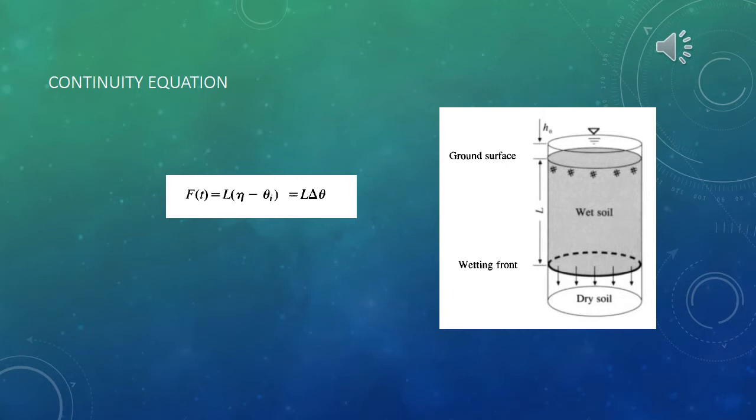This means that much water can go inside the soil, because we already have this moisture content theta and we have porosity, the air content. So we want to fill this air with water. If we fully saturate this wet soil, the cumulative infiltration is L delta theta.